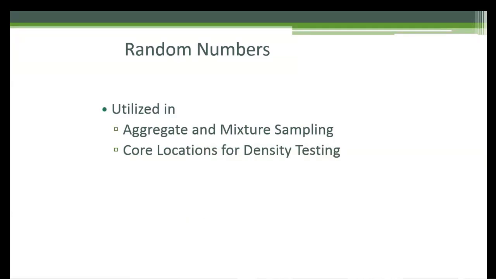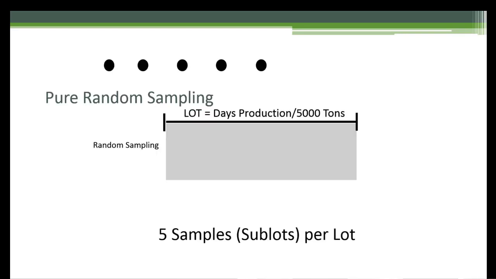But we use random numbers in aggregate sampling and testing, and in asphalt mixture sampling and testing, and then ultimately when the pavement's completed, for core locations to determine density or compaction criteria in the pavement.